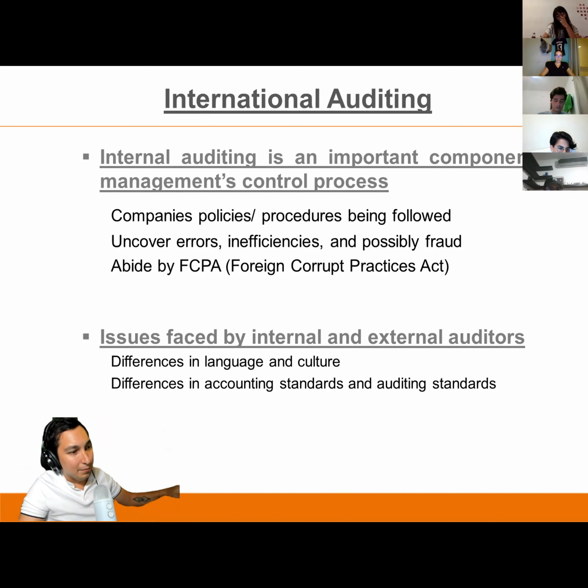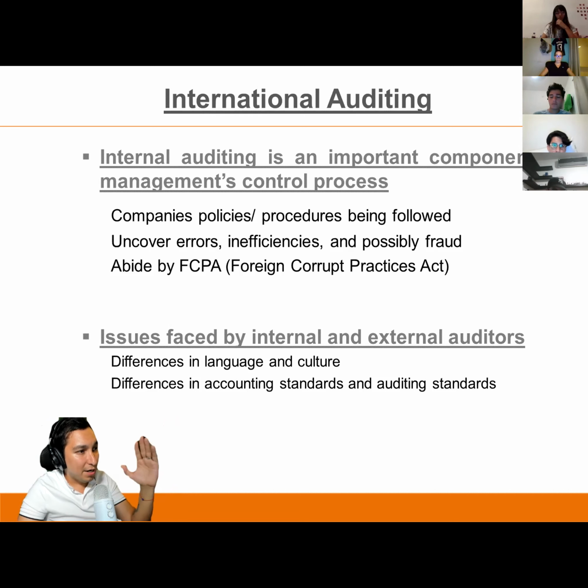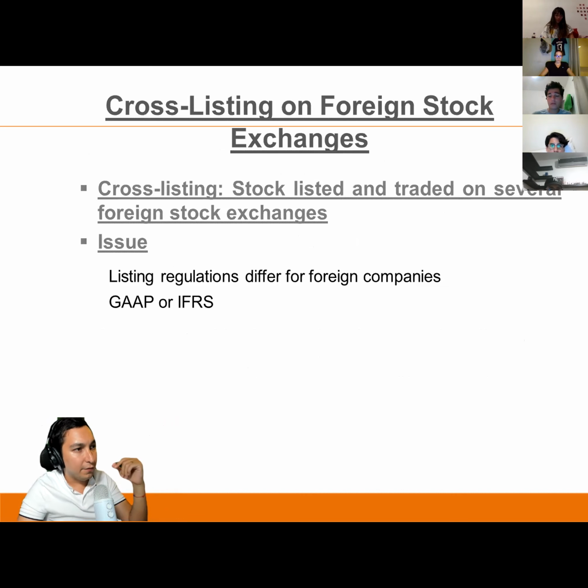Then you have the difference in accounting standards and auditing standards, because everybody wants to follow their own standards. But sometimes they don't know the international standards and what corporate governance is. So these are just some of the main risk factors when pursuing international foreign investment.